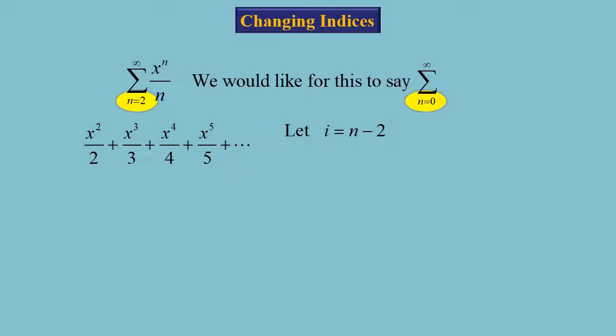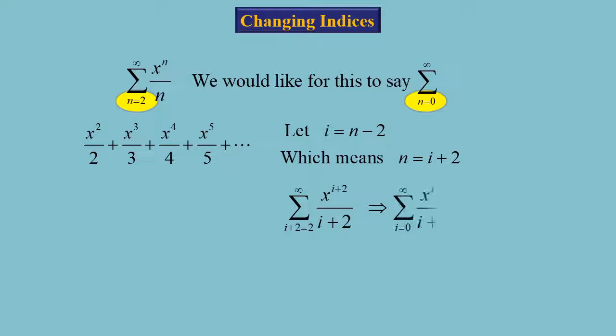We're going to use an i to be an n minus 2, and then plug in place of the n's an i plus 2. Notice that comes out to be, in the bottom, i plus 2 equals 2, or i equals 0. So that gets us the 0 that we wanted at the bottom.